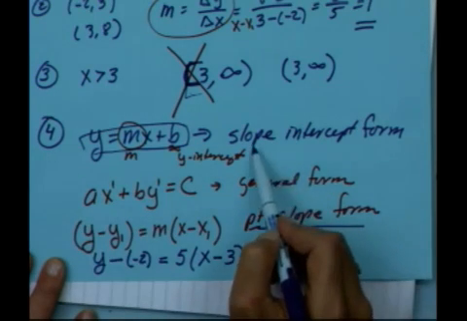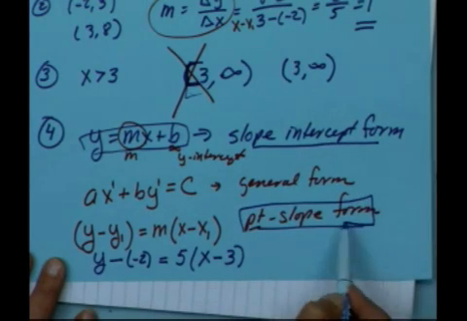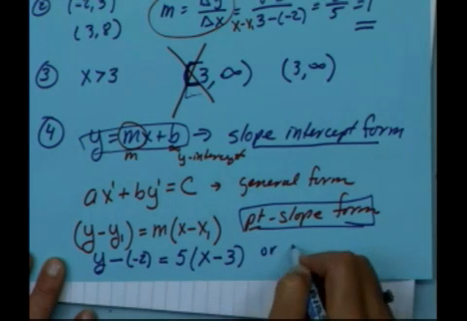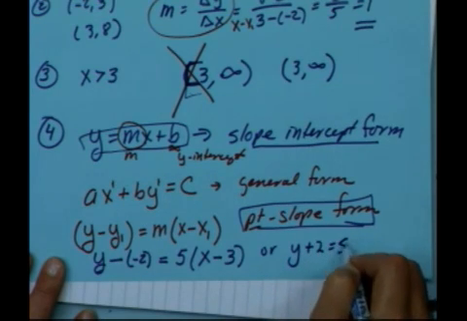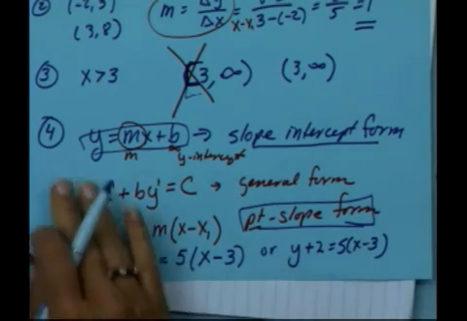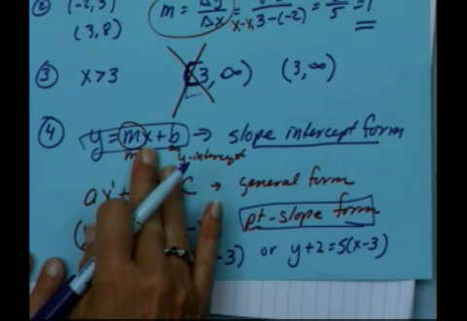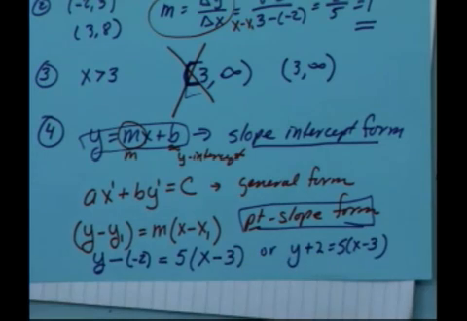And that form is called slope-intercept form. So point slope form is here. It would either be this, or you might simplify and write it as y plus 2 equals 5 times x minus 3. If you did this, that is clearly the equation for the line, but since they were real picky here and asked for a particular form, they were trying to get you to review those forms. Okay, everybody good? Remember all that?